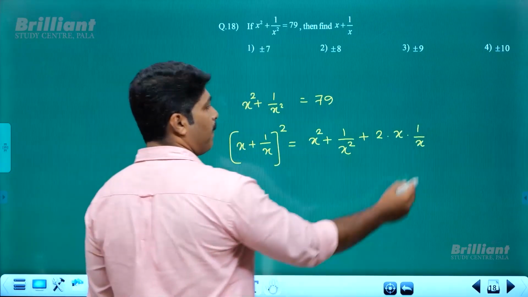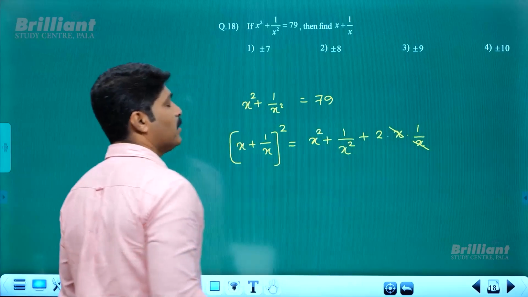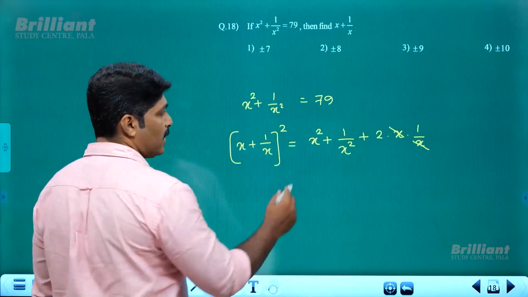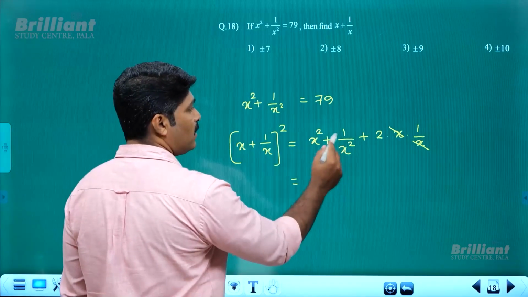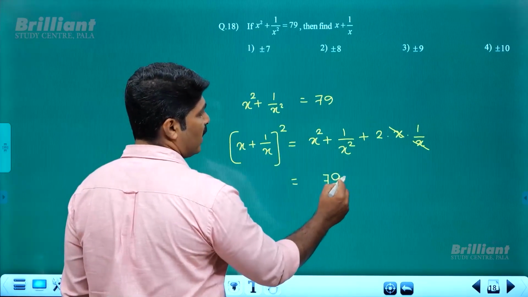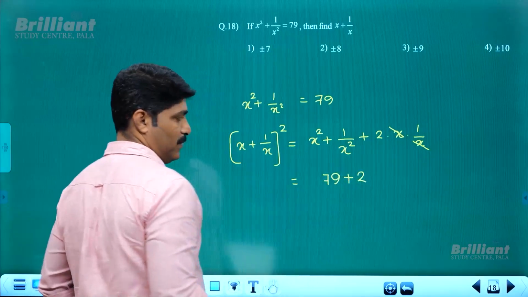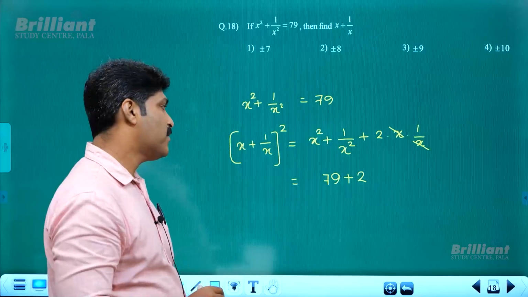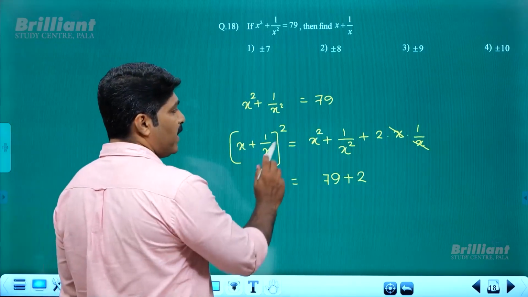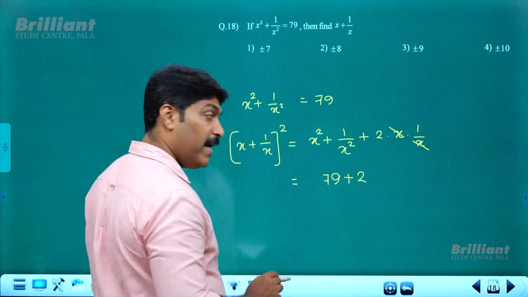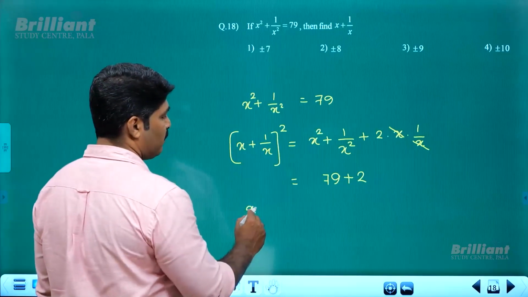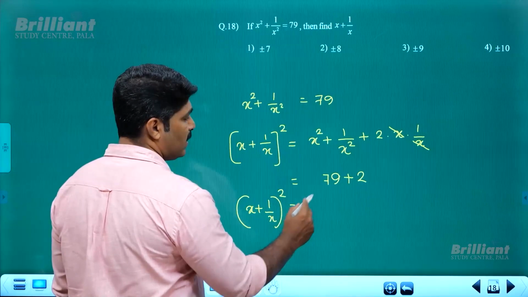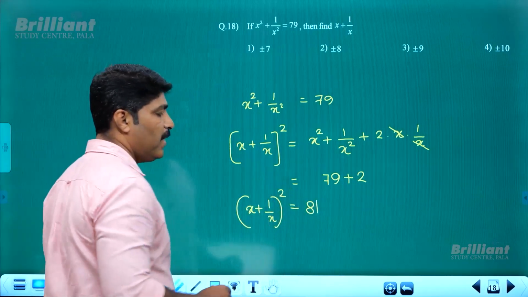Therefore, we have x square plus 1 by x square is 79, plus 2. That's why I mentioned the earlier 1 plus 2. So x plus 1 by x the whole square is 79 plus 2, that is equal to 81.